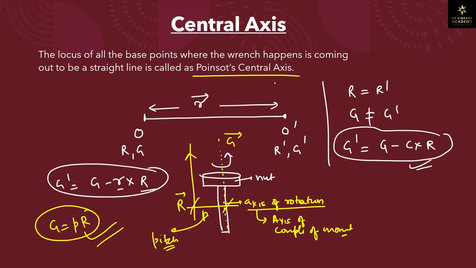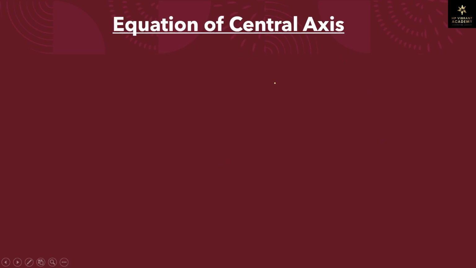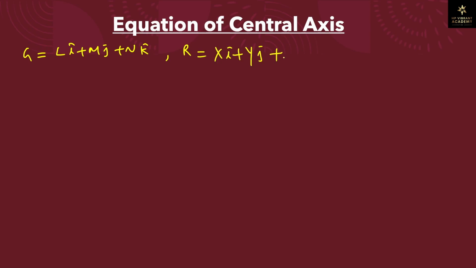Now let us proceed further for the calculation of the equation of central axis. How can we find the equation of central axis? We have studied that G, that is the couple moment, is equal to L i cap plus M j cap plus N k cap, and we have the resultant vector R as X i cap plus Y j cap plus Z k cap, and the position vector r as x i cap plus y j cap plus z k cap.